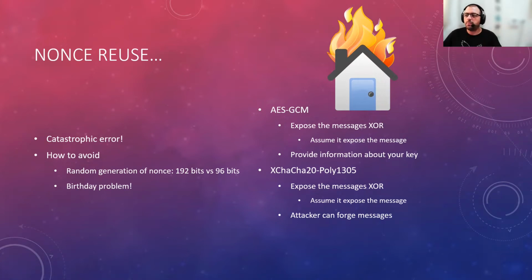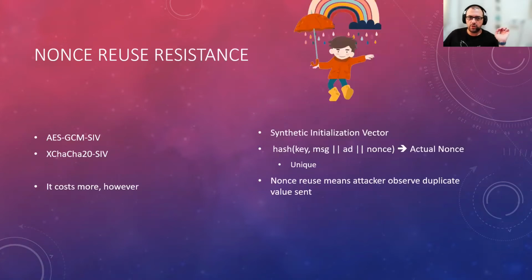But then you have to worry about what happens if time goes back because of daylight savings time or something like that. So this is actually quite hard. It's much easier to use a nonce that is big enough. 192 bits, you generate it using a cryptographically secure random generator, and you don't worry about it. So take that into account.